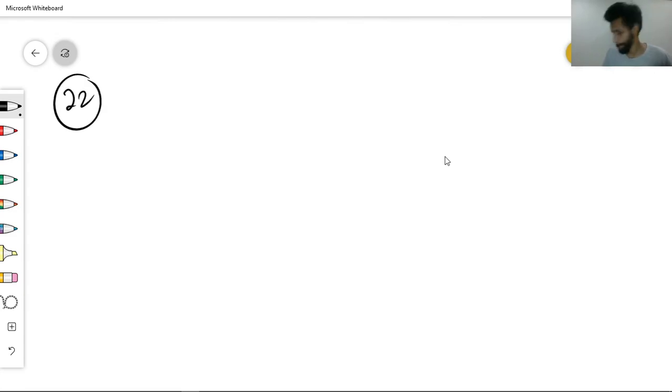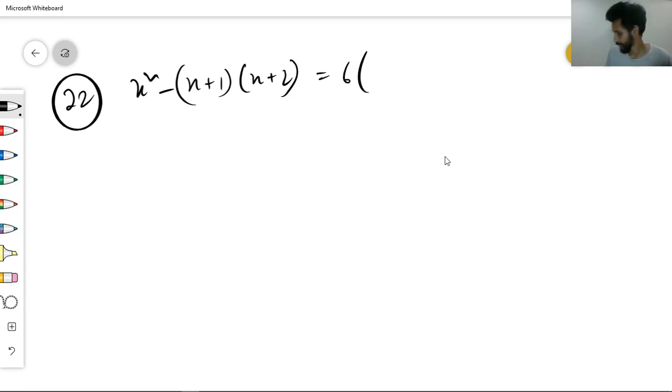Okay, 22. Now x square minus x plus 1 over x plus 2, then this one is 6 over 5, sorry. I'm just doing it only by seeing it.